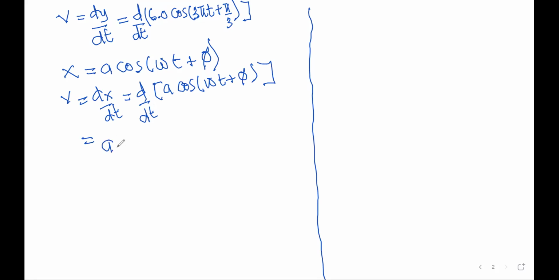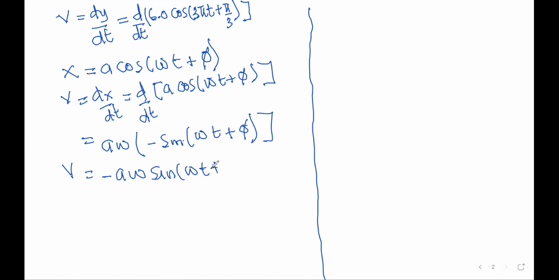So A out, omega out, then into bracket negative sine of omega t plus phi. So the velocity equation will be equal to negative A omega sine omega t plus the phase angle.